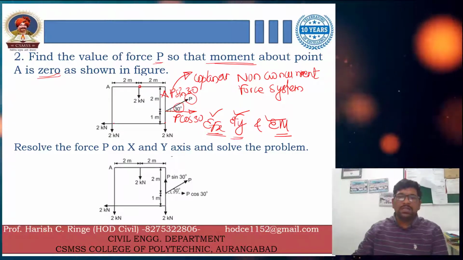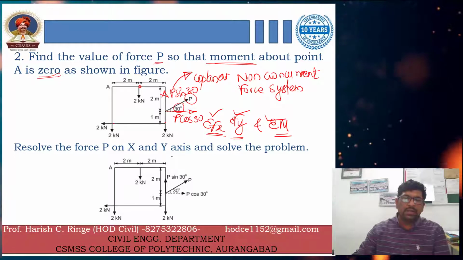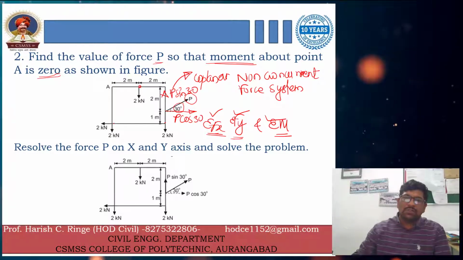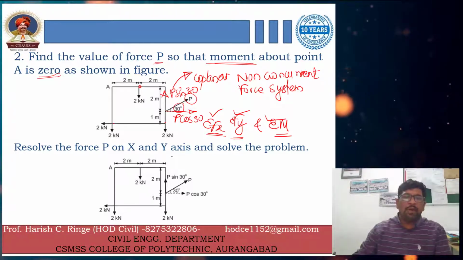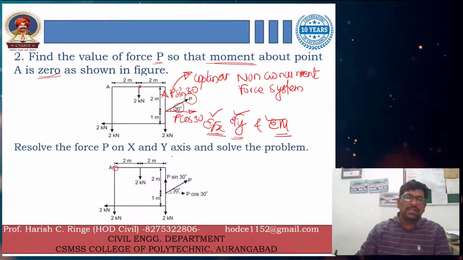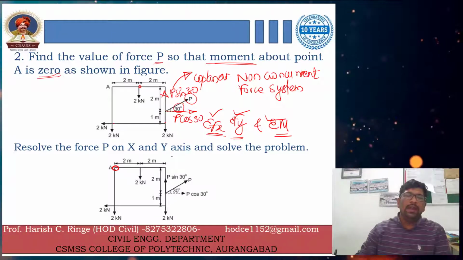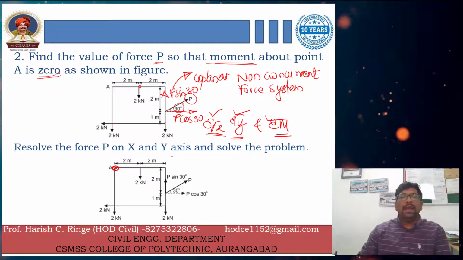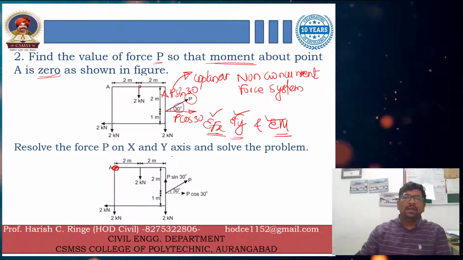So just come across this figure; we have data like this. In this case, what we can do is, at point A, okay, where is point A? The given data says that we have point A over here, and at point A the moment is zero.